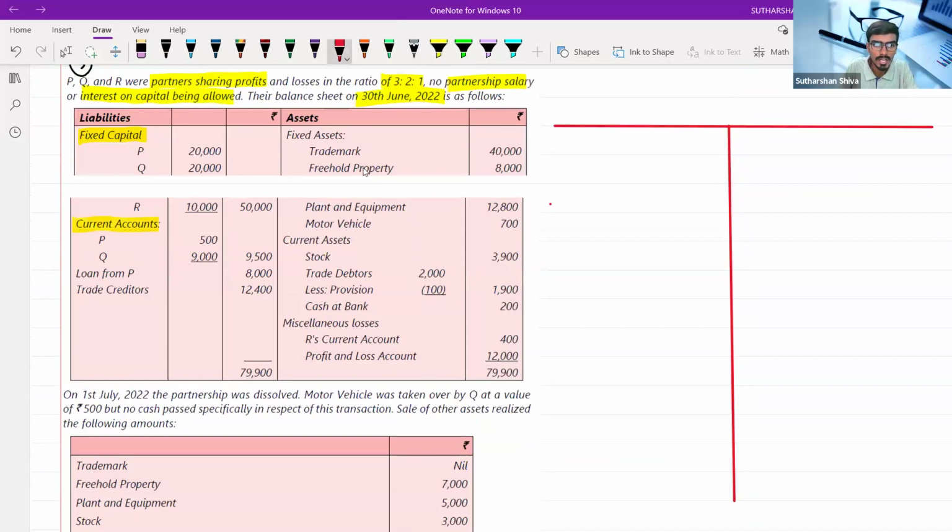They are following fixed capital as well as current accounts. It means they are using the fixed capital system. So we need to prepare three accounts.